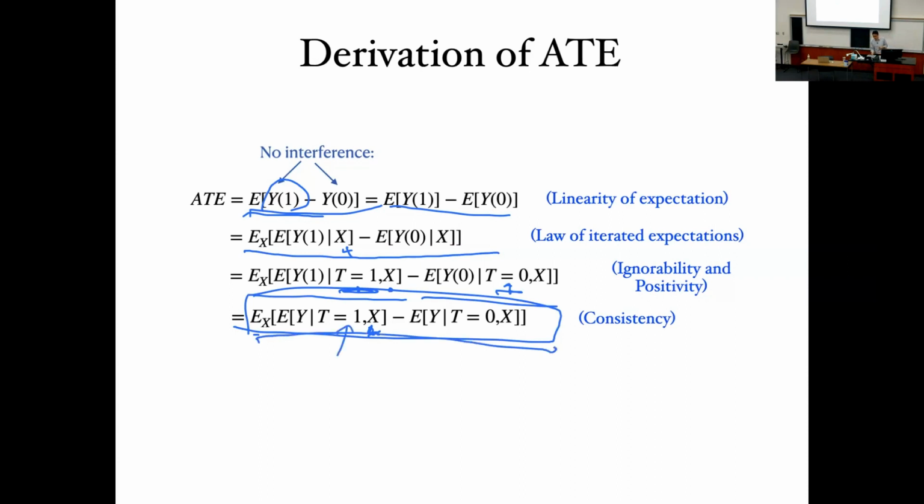In this group T is 1, and in this group T is 0. Suppose this is the control group and this is the treatment group. The only thing is that we have to use the same distribution for X when we calculate this expectation, and that's the issue we are going to solve right now. Apart from that, everything is very natural at this moment.